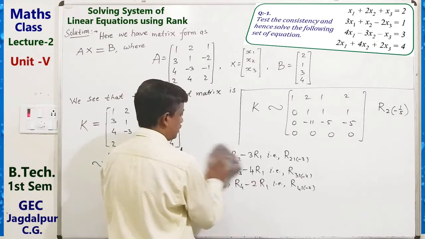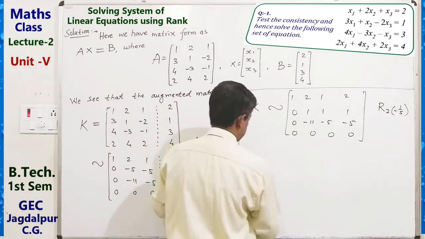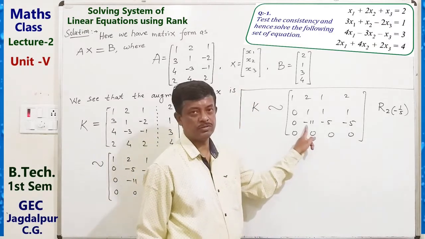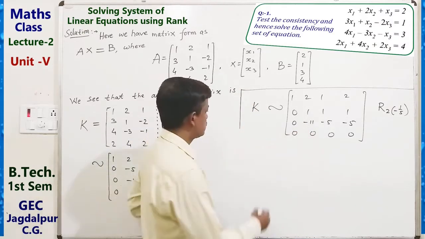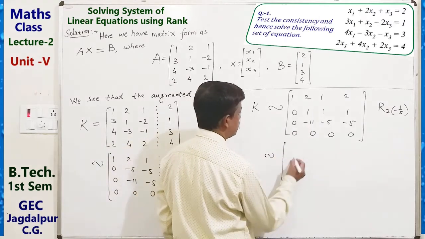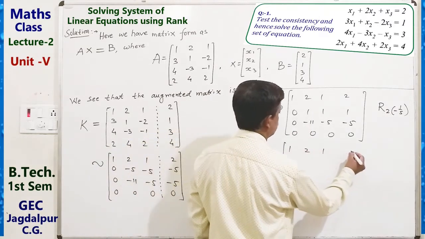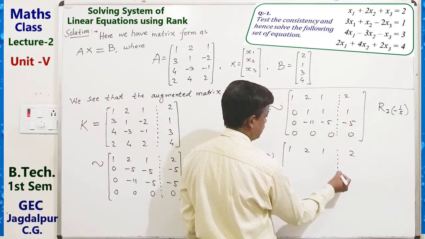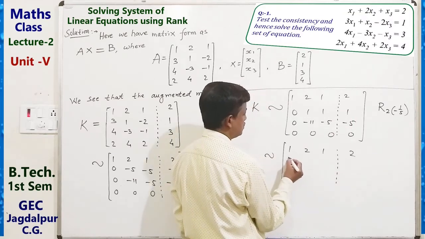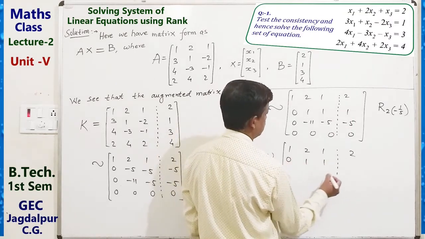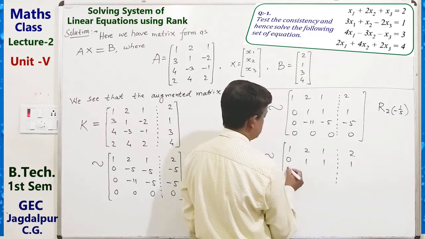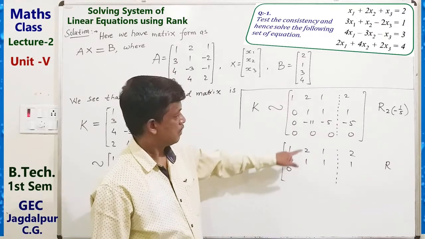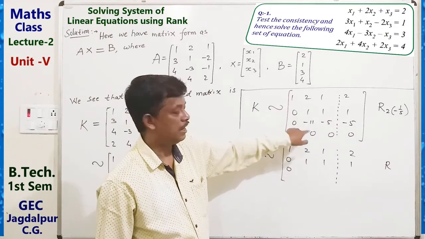Okay. And further we can make it 0. So also equivalent to what? 1 2 1 2. You can bifurcate this for finding rank. So here 0 1 1 1 0. What will be the operation? Just multiply it by 11 and add here.